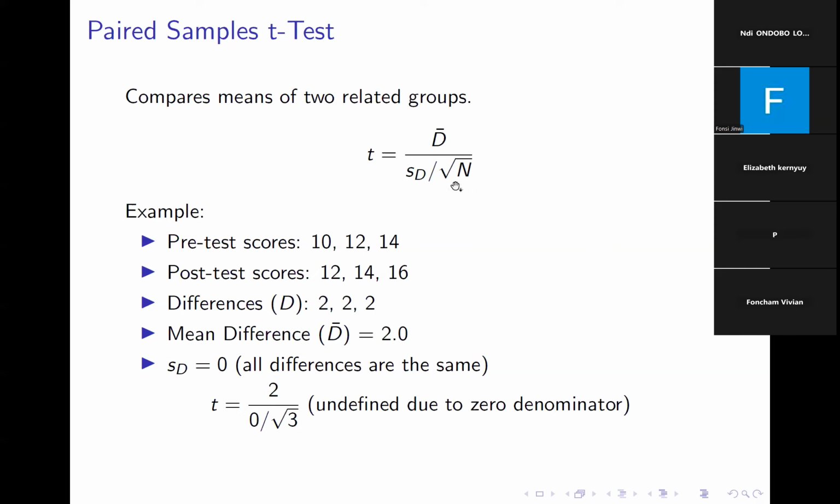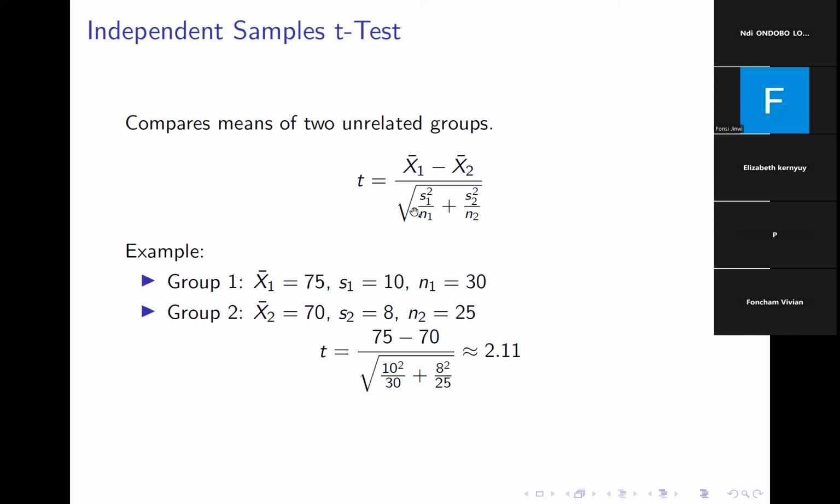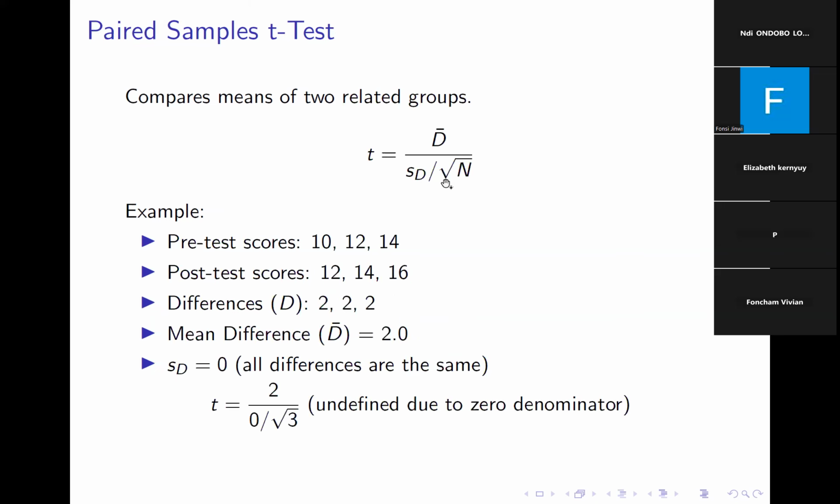Here we took the standard deviation divided by the square root of n, and here we were taking the variance. Is it still the same t-test? Yes, it is, because if we take the square root of the variance, we get the standard deviation, and then you have the square root of n in the bottom, which is exactly what we had here, right?